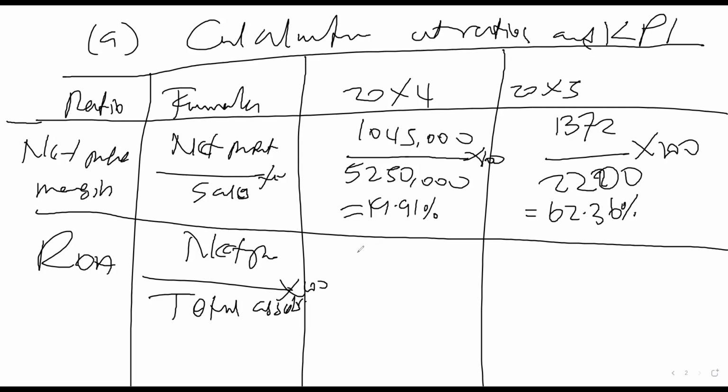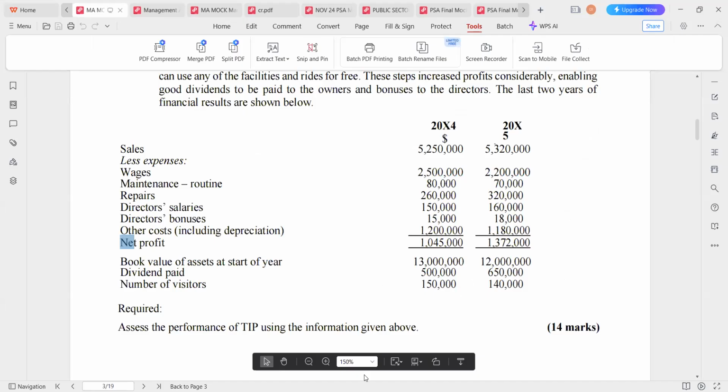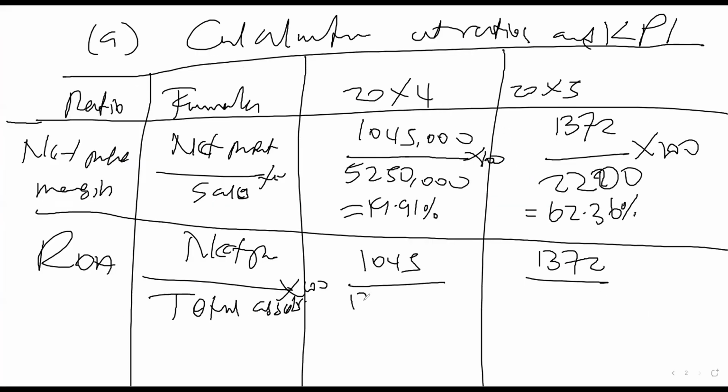So net profit is still 1045 and 1372. So what's the asset? $13,000 and $12,000. This is what you get.